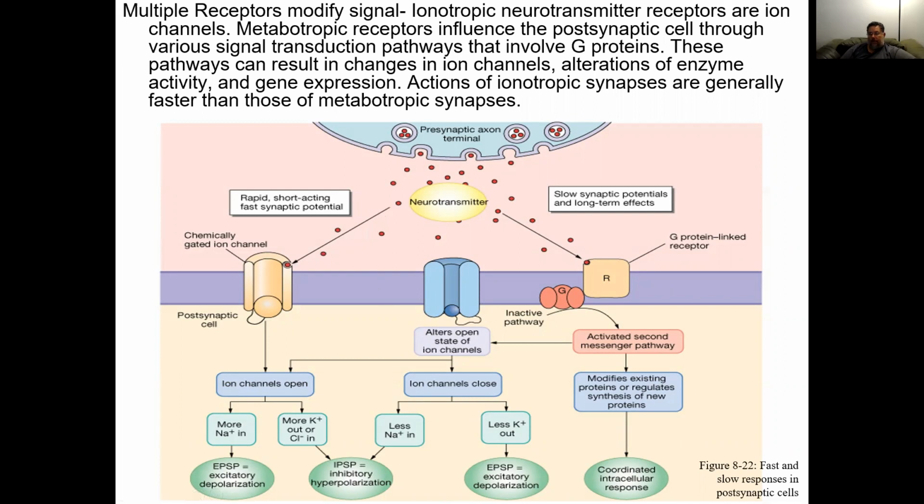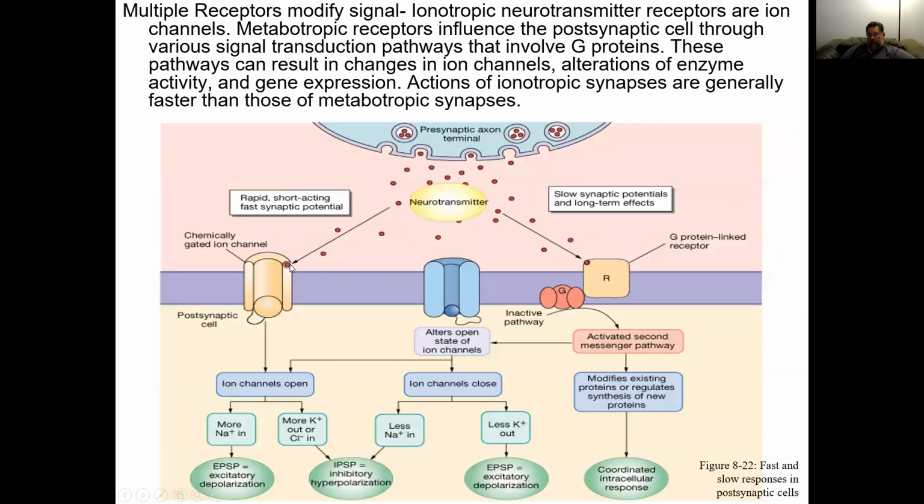Some are going to be a fast response and some are going to be a slow response. Some are going to be excitatory and some are going to be inhibitory. If it's acetylcholine, for instance, it's going to be excitatory. Imagine if that little red was acetylcholine.